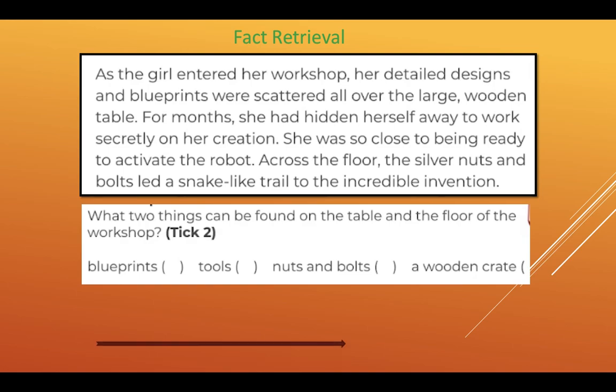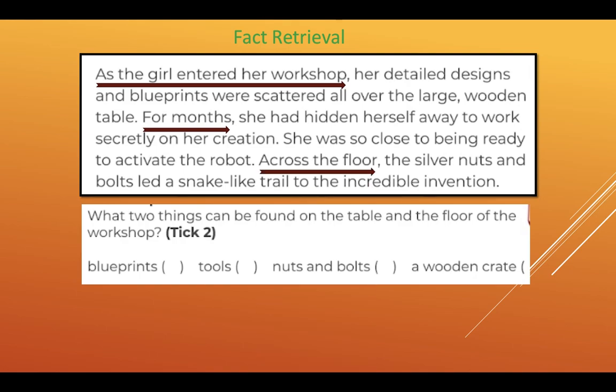That's important. Right. Things to think about here are, as the girl entered her workshop, did you notice as you read that, this is a fronted adverbial. What else did you notice in the text? Did you notice for months, comma, fronted adverbial?